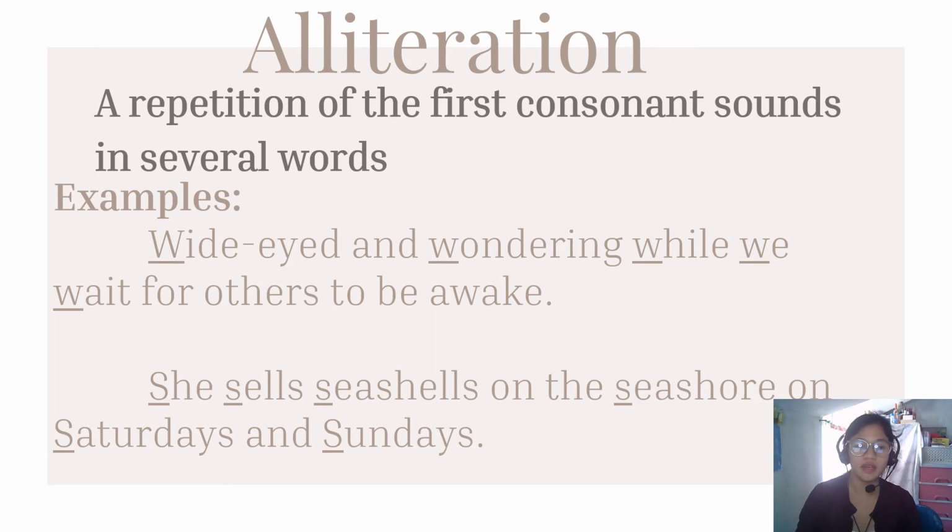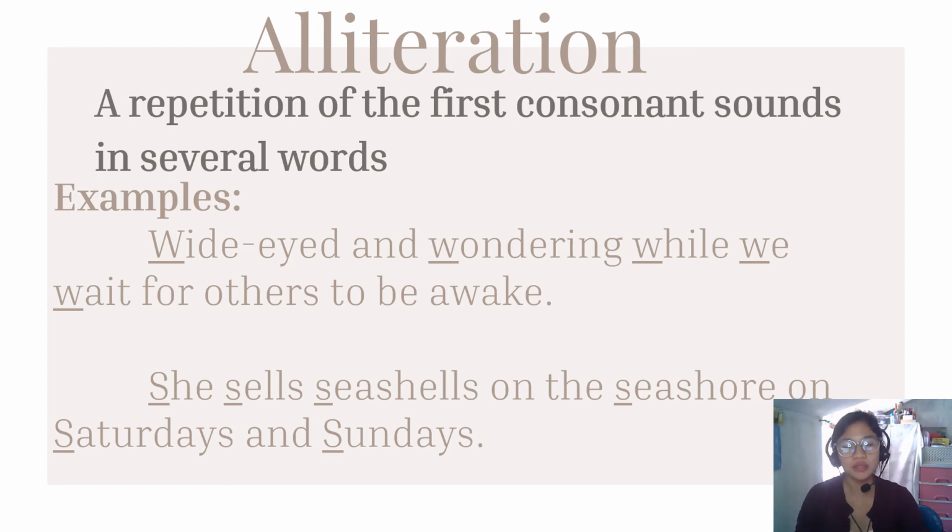So as you can see here, the first consonant sound is W. Wide, wondering, while, we, wait. Okay? So the consonant sound W is being repeated inside the sentence in several words. How many words? 1, 2, 3, 4, 5.